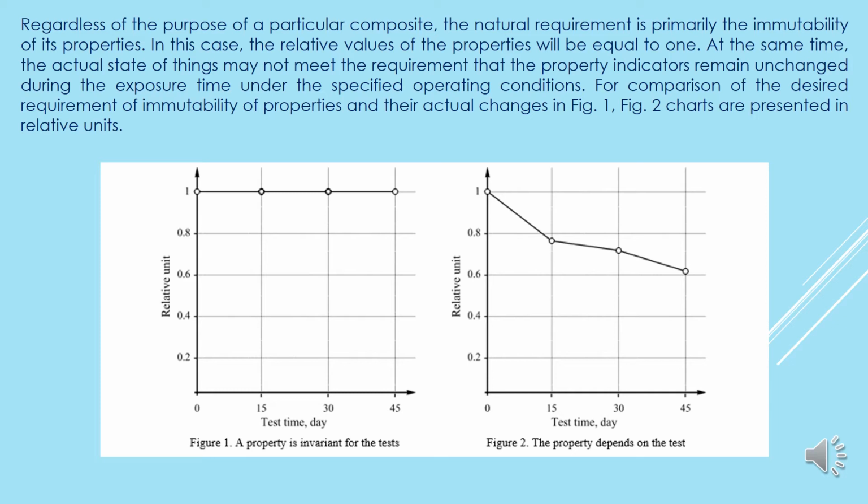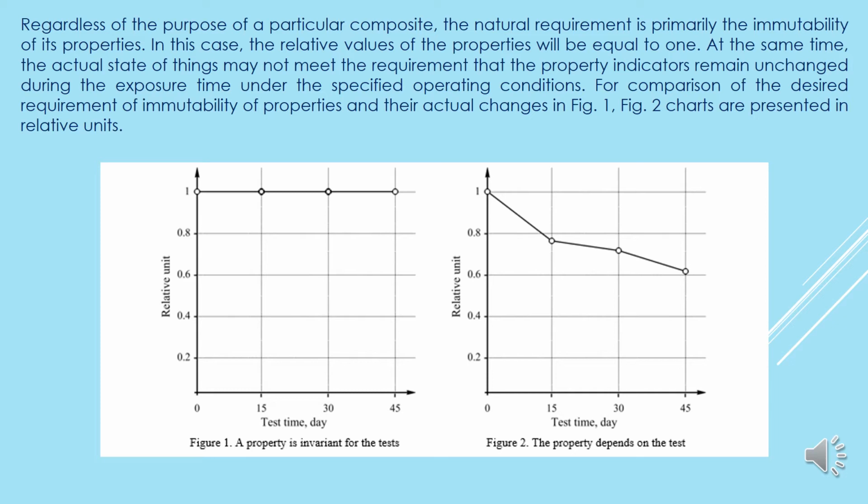In this case, the relative values of the properties will be equal to 1. At the same time, the actual state of things may not meet the requirement that the property indicators remain unchanged during the exposure time under the specified operating conditions.